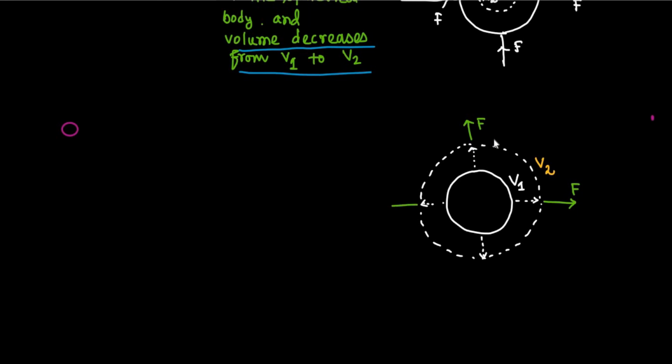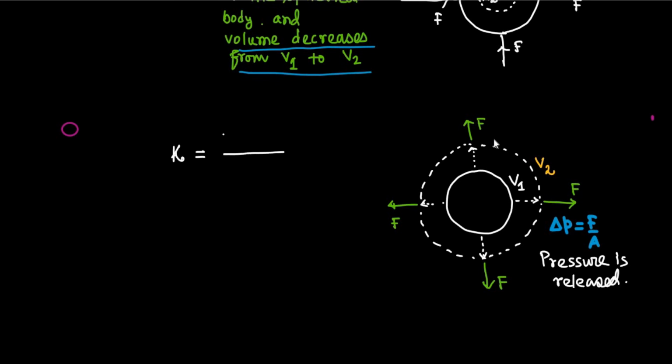This is the deforming force applied radially outwards, and delta P amount of pressure is released. Delta P is the decrease in pressure. Here the pressure acting on the spherical body is released and the volume increases from V1 to V2.